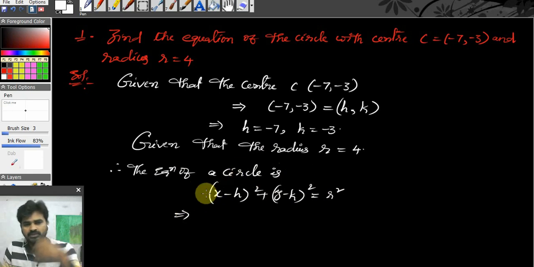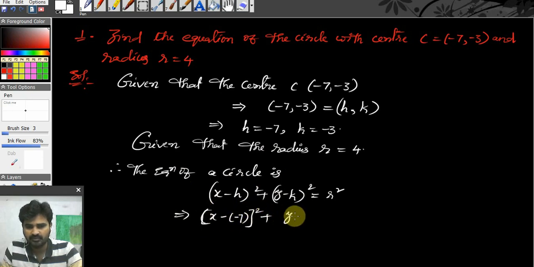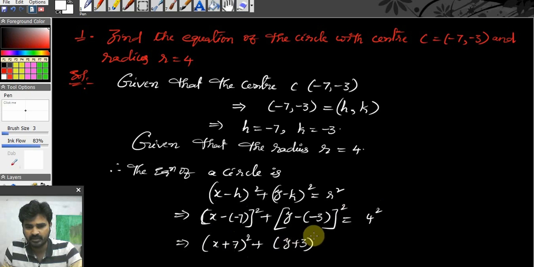Now you can substitute the corresponding values: (x minus of minus 7) whole square plus (y minus of minus 3) whole square is equal to r square, that is 4 square. Now simplifying, (x plus 7) whole square plus (y plus 3) whole square is equal to 4 square, means 16.